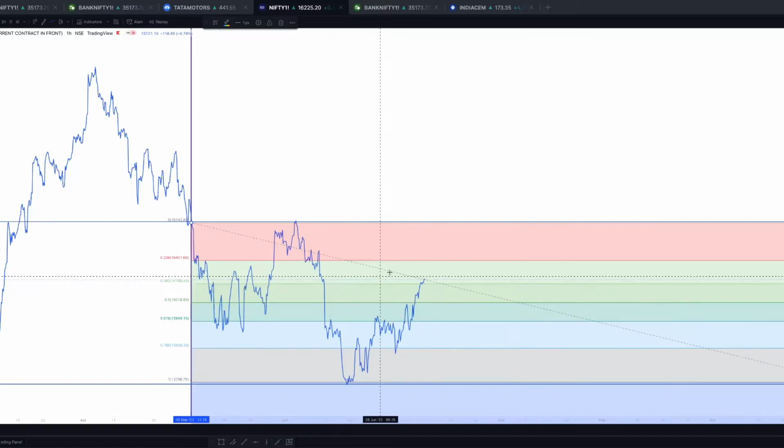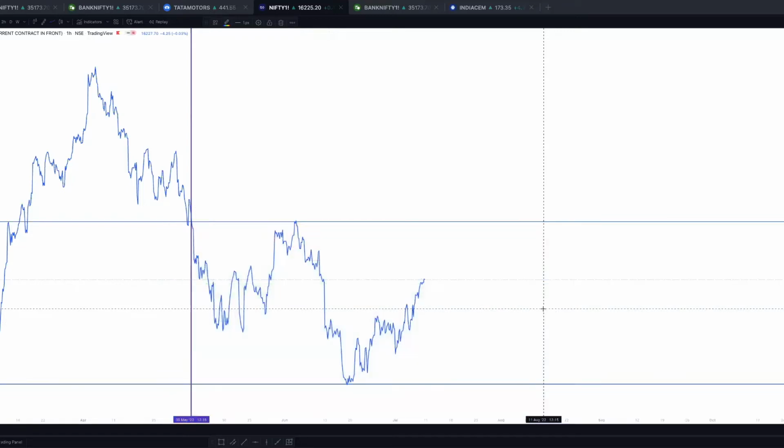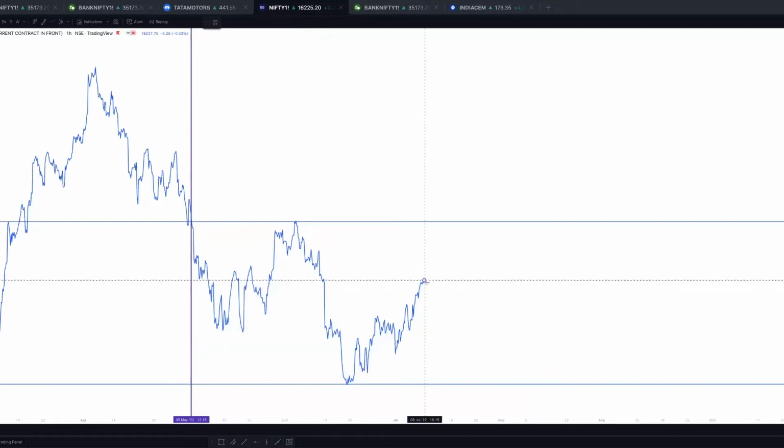Anybody want him to draw it again, or is it clear? Mahesh has asked him to draw it again. Okay, great. First, you need to show the drawing tool, those two points, and then the starting point.